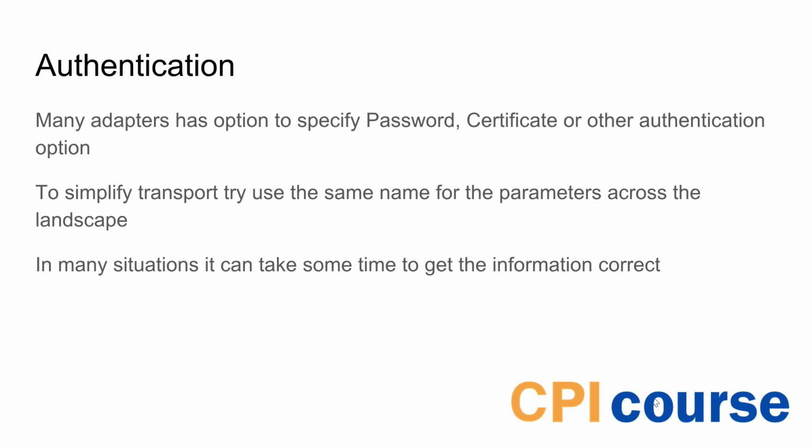The other important thing is authentication is really important when doing any kind of work with this, and you need to figure out how do we actually specify it correctly in your landscape and what the systems will do.